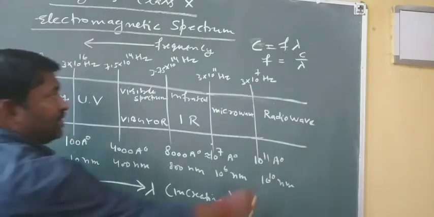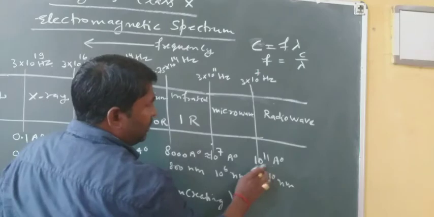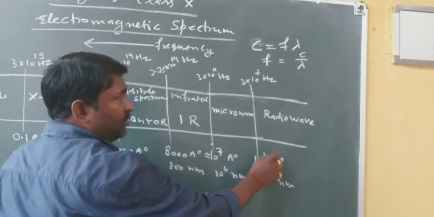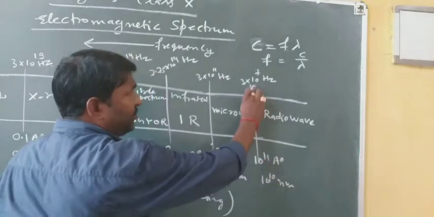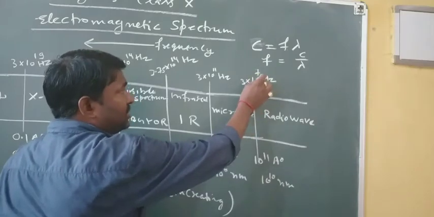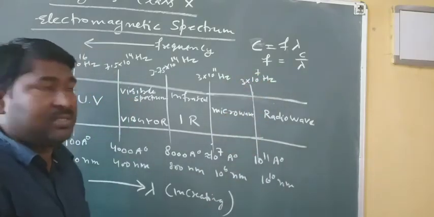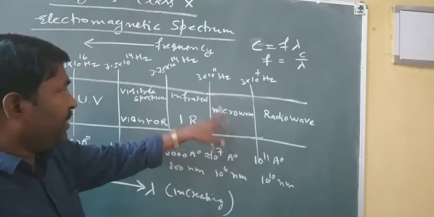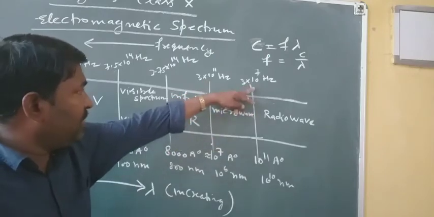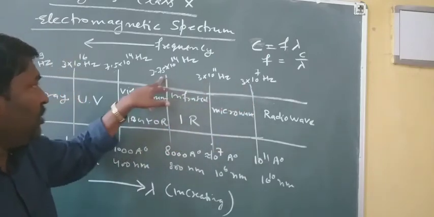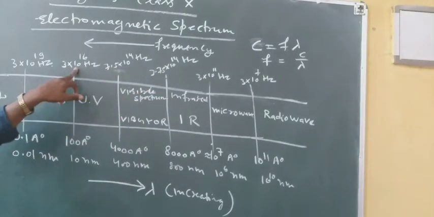So we have calculated these frequencies: for the wavelength 10 power 11 angstrom, light has the frequency 10 power 7 hertz. These frequencies are in hertz, and microwave has the range from here to here. You have to learn all these frequency ranges.